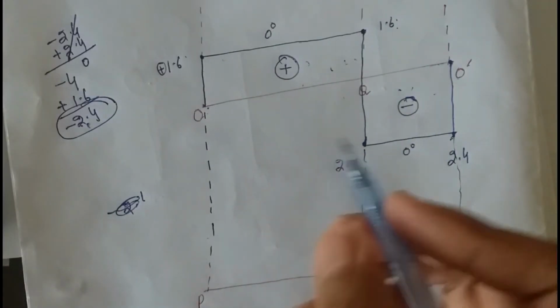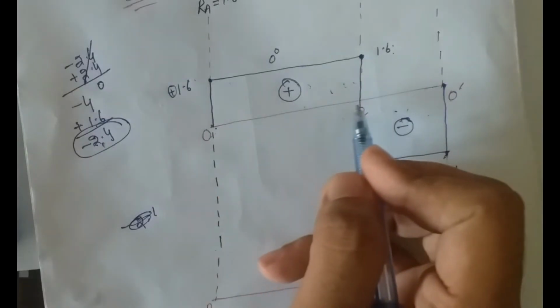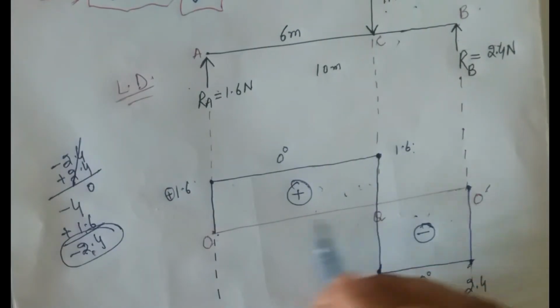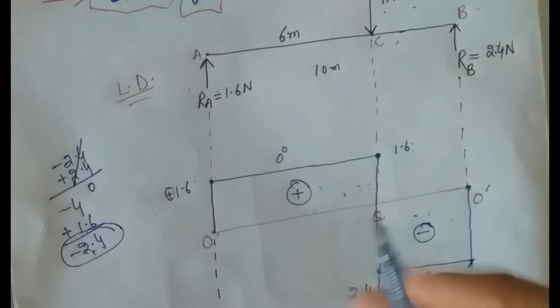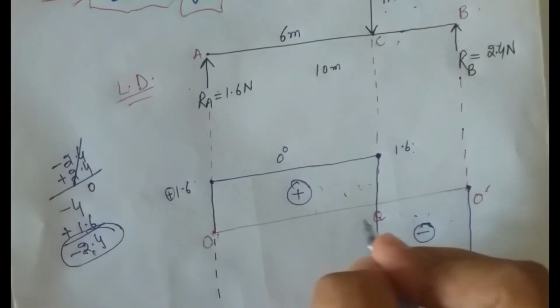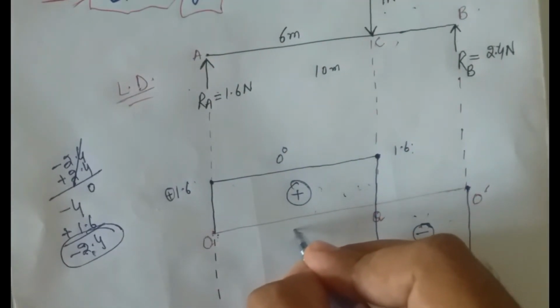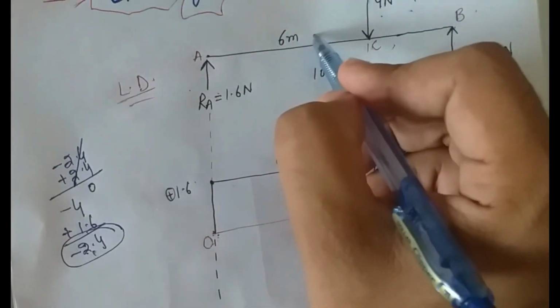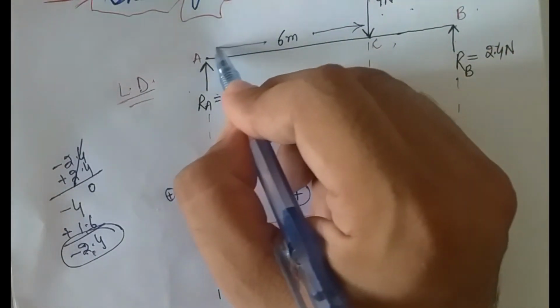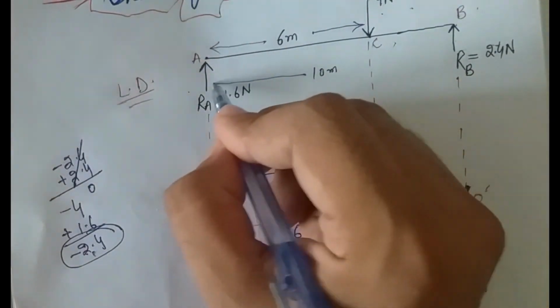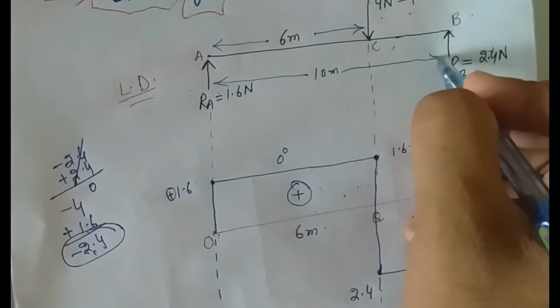Now we see that this is a rectangle which starts from O and ends at Q. The distance from O to Q is 6 meter, and it is mentioned in the diagram, and the total distance is 10 meter.